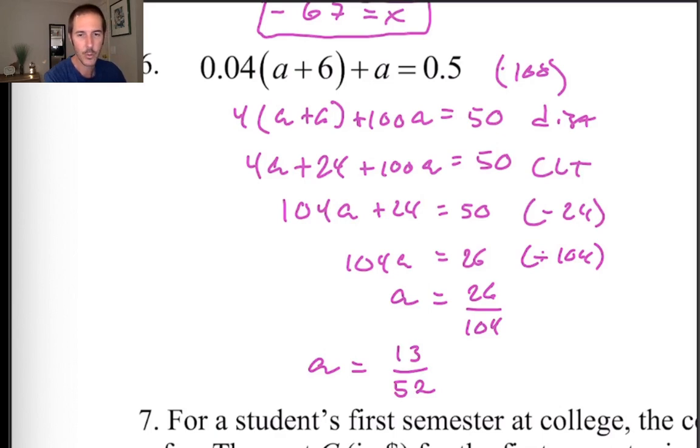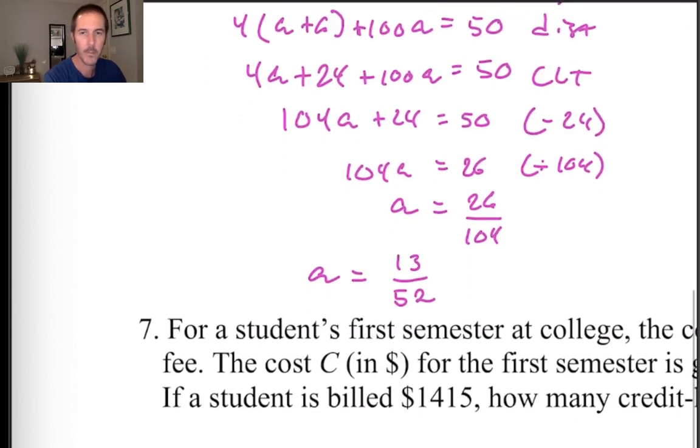Only if 52 is divisible by 13. And it is. 13 times 4 is equal to 52. Yep, I doubted myself for a second there. So you've got a final answer of A equals 1/4.